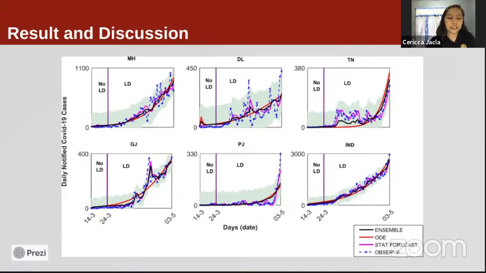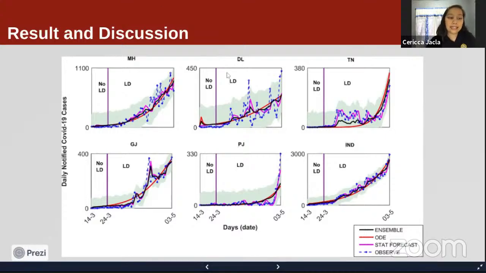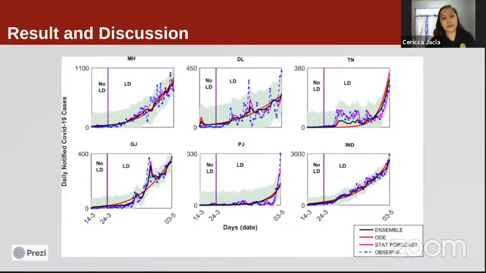Our researchers found that in Delhi and Gujarat, the best statistical forecast model to use is ARIMA.